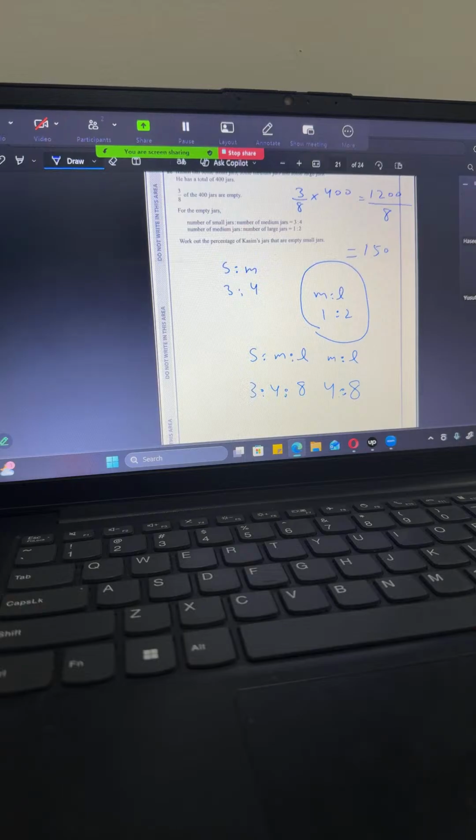Can you tell me the percentage of jars that are small? What I think we do is we add up all the ratios together. Well done. So 8 plus 4 plus 3 will be 15.